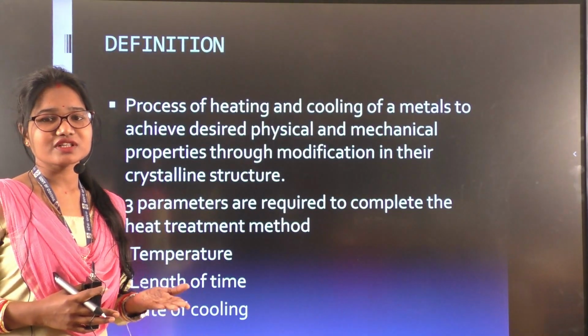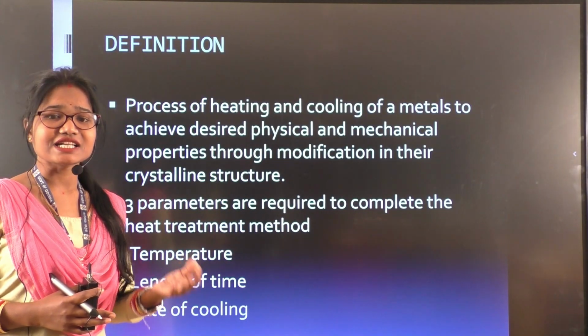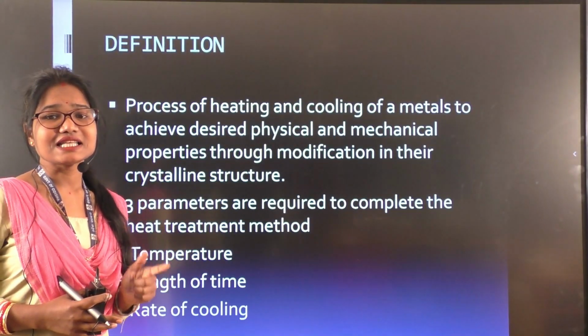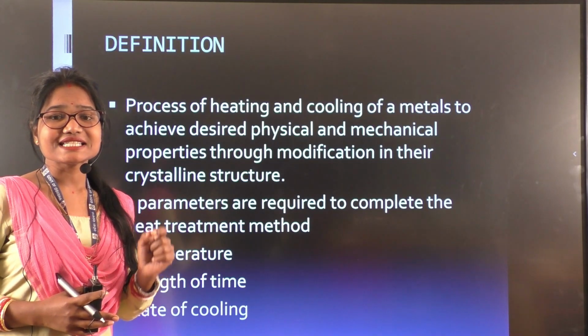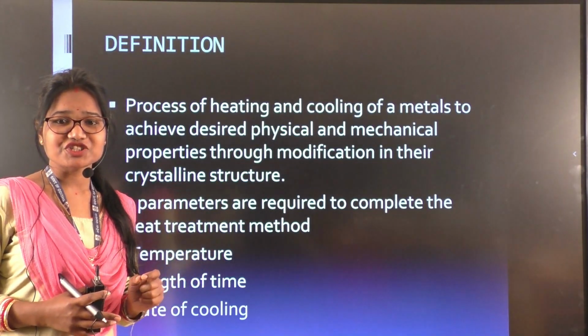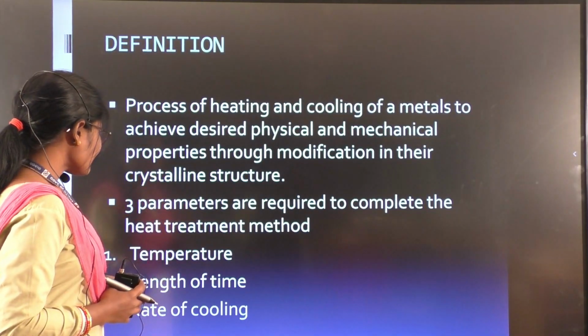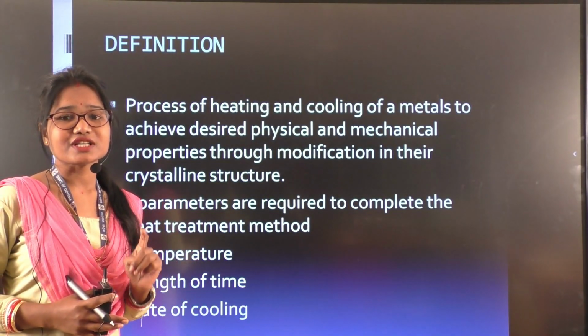From the name itself we know that any metal which is being heat treated is heated first. So temperature is most important. Then after, length of time. The length of time for which the metal is kept at a definite temperature is called the soaking period. And the third one is the rate of cooling.